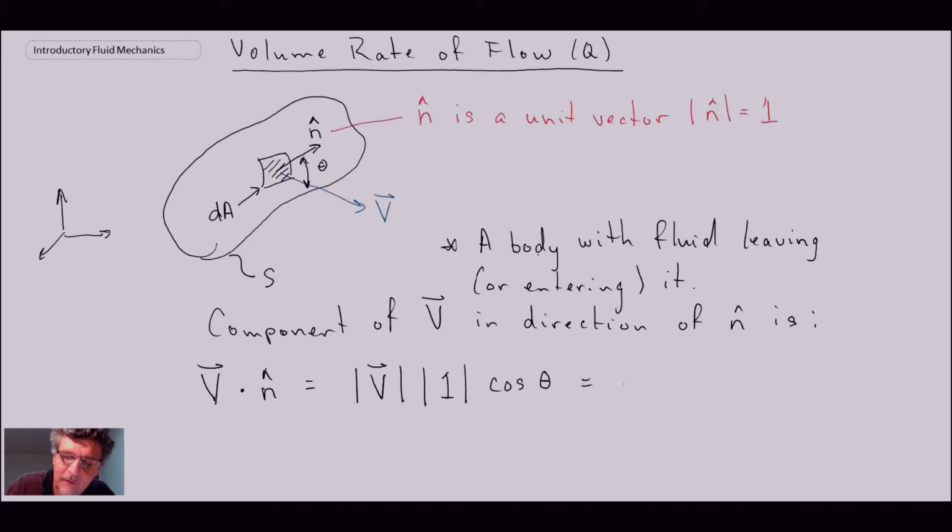And what we get with this then is v cosine theta. So that gives us the velocity component leaving the surface.